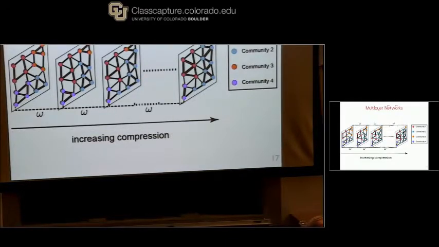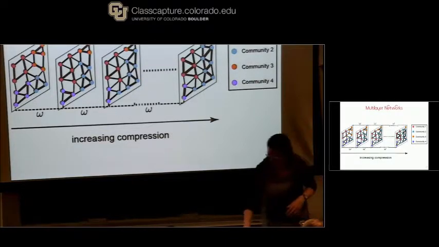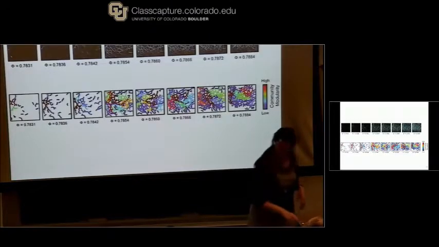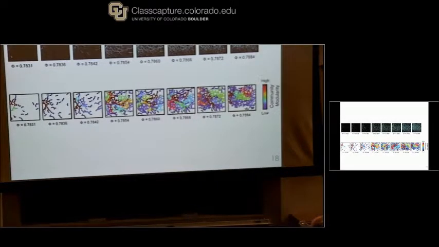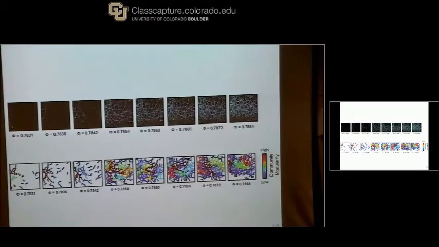So we did the experiment. Here's a set of data where we moved the walls in. We compacted the packing, and you can see the force network evolving. It's getting stronger, there's more and more chains.